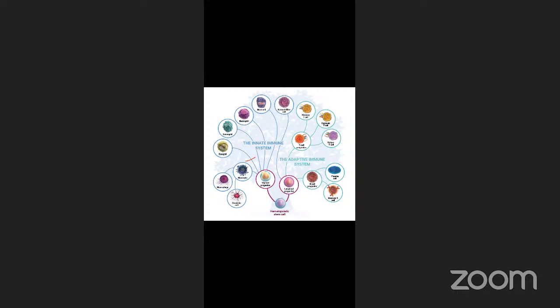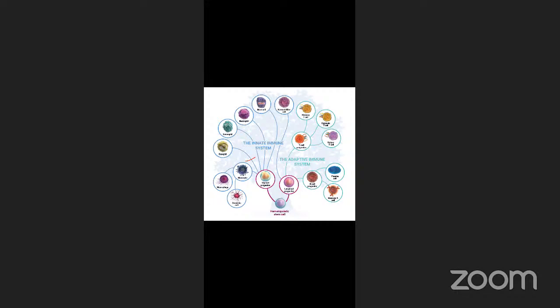The main difference is that the primary lymphoid organs are where lymphocyte cells are formed and mature. In the secondary lymphoid organs, mature cells are encountered by the antigens and get activated.